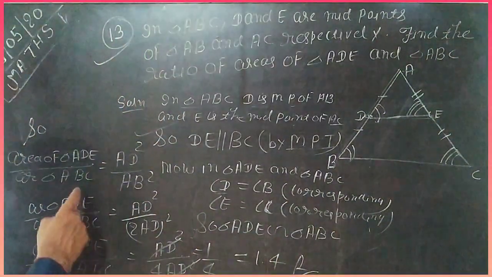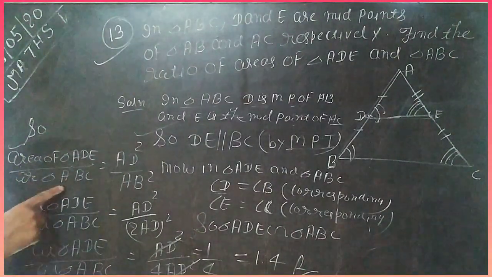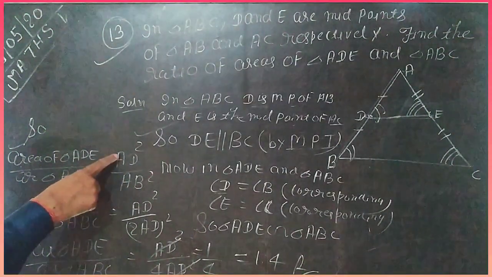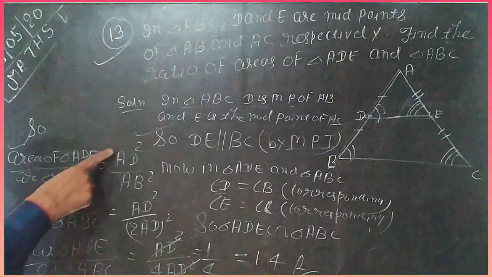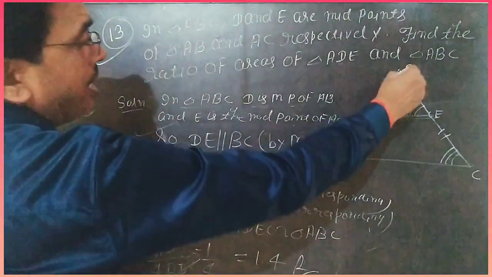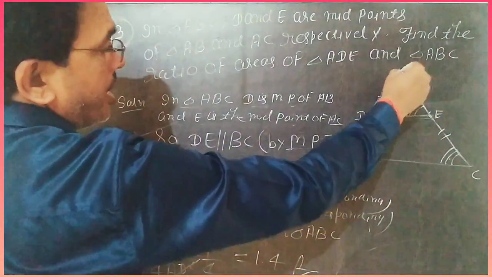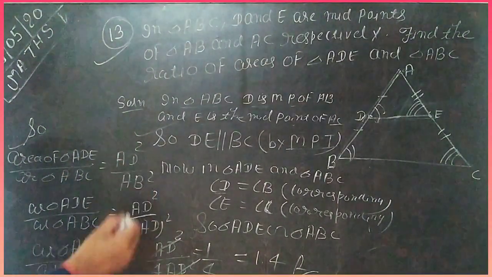Now find the ratio of areas. Area of triangle ADE by area of triangle ABC is equal to the square of their corresponding sides. In the small triangle we take AD, in the large triangle we take AB. These are the corresponding sides. So it is AD square by AB square.